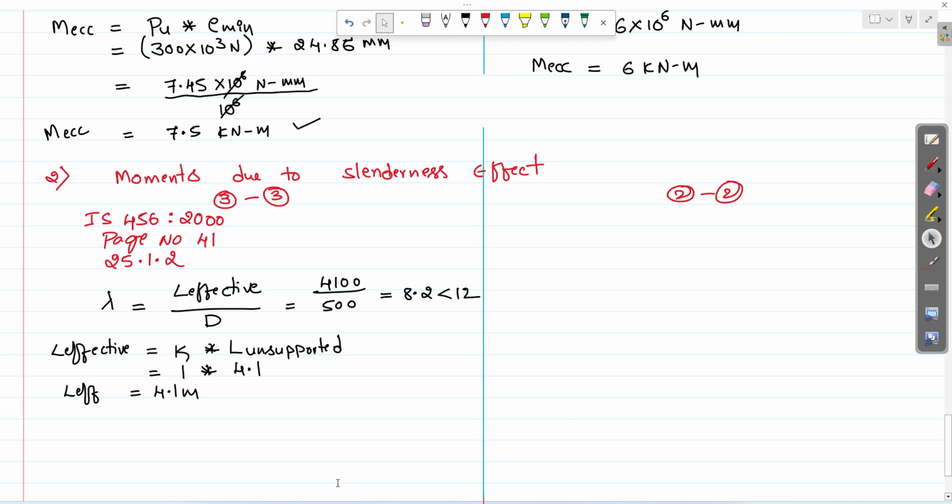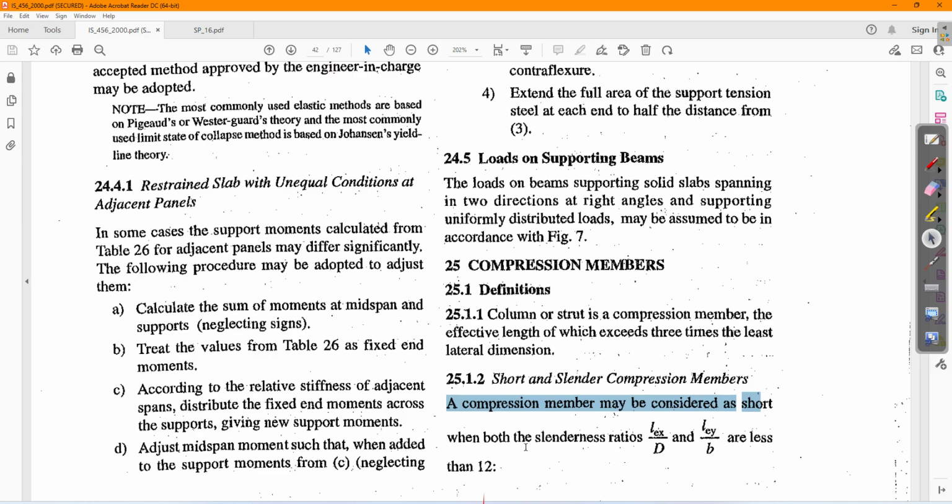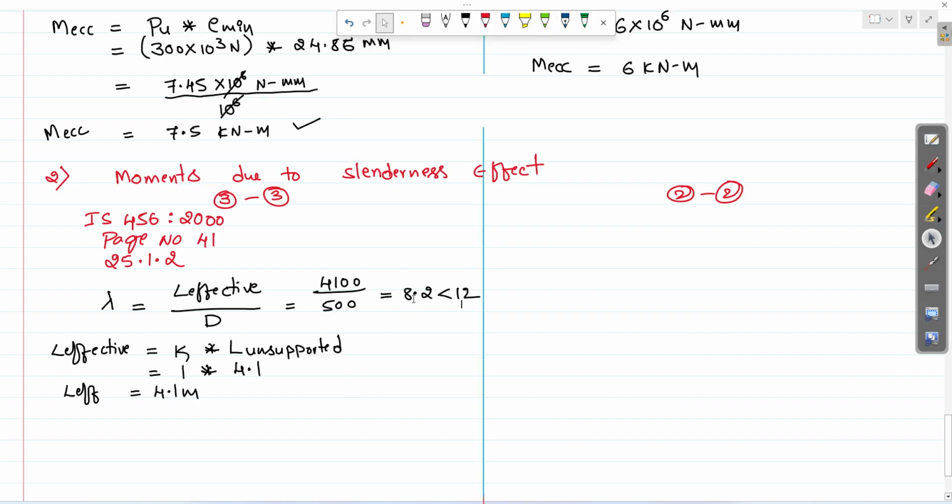What the code says, when both ratios are less than 12, then it is called as short column. So here the ratio is 8.2 less than 12. So you can take this as short column.